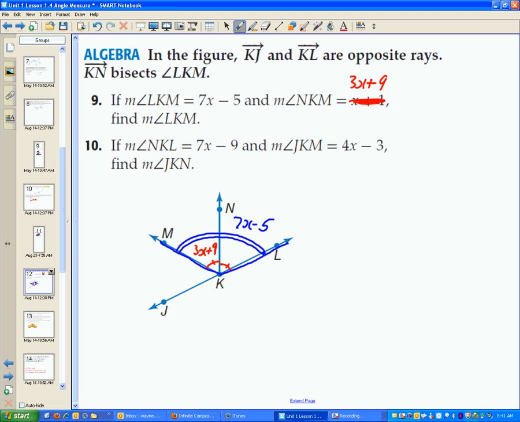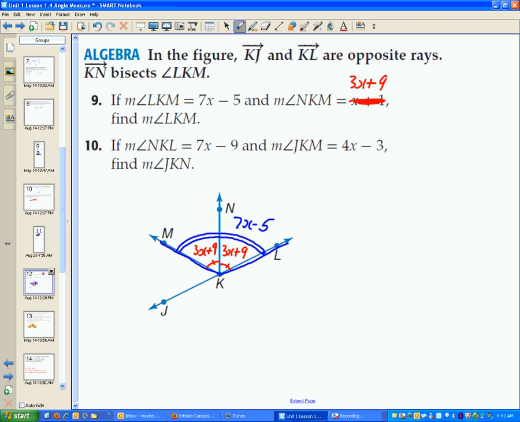All right, now, those two angles I have marked in red are congruent to each other. If the measure of one of them is 3x plus 9, isn't the measure of the other one 3x plus 9? And can't I then work it this way? If I knew that the measure of each of those smaller angles is, say, 20, wouldn't I find the measure of the larger one by adding 20 plus 20?